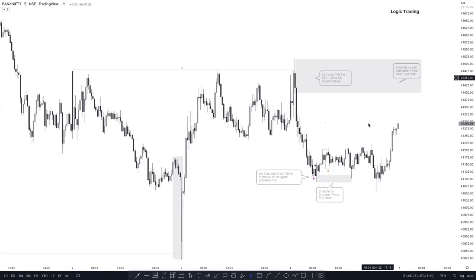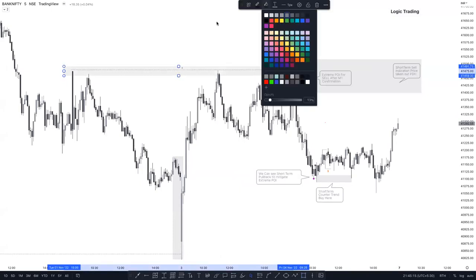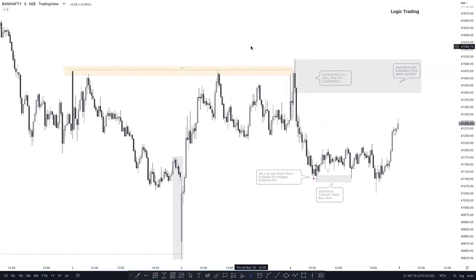So this area is more strong. You can see this one. Once price taps here, then definitely we are looking for sell. And if market pushes higher high and continues, then you can sell as per the daily time frame inducement. So this is the overall bias in Bank Nifty.